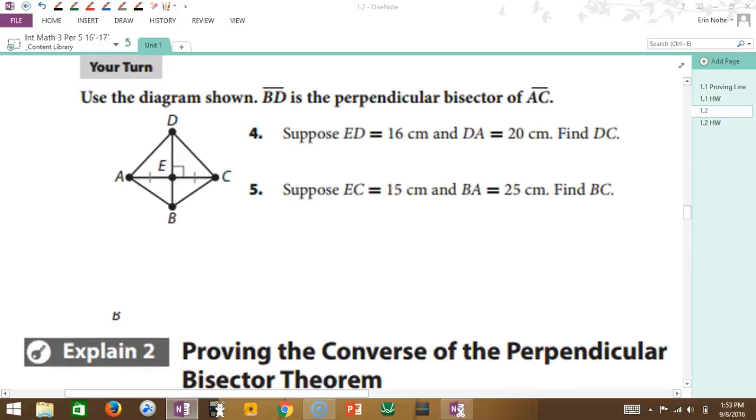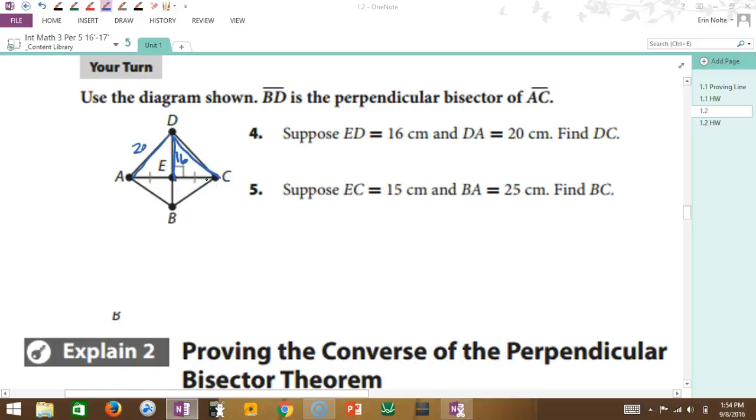We have this shape, and it says that BD is the perpendicular bisector of AC. Number 4 says if we let ED equal 16, so that's this height right here, and DA is 20, find DC.